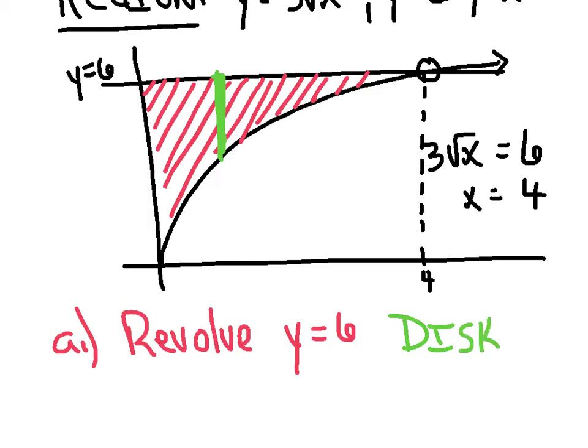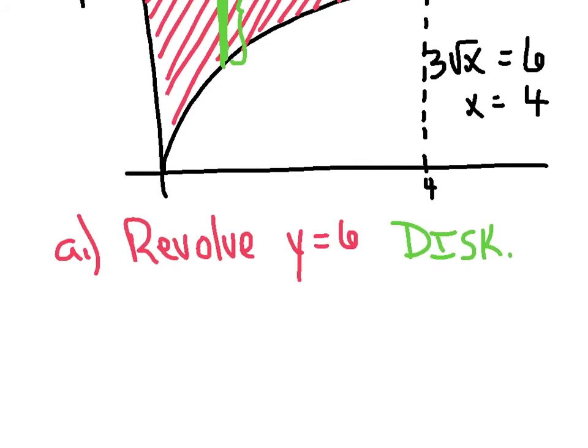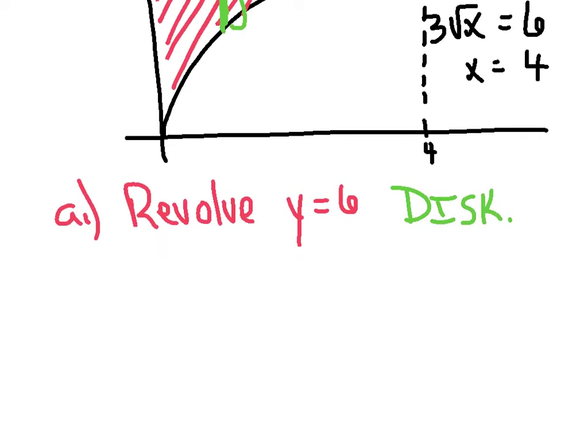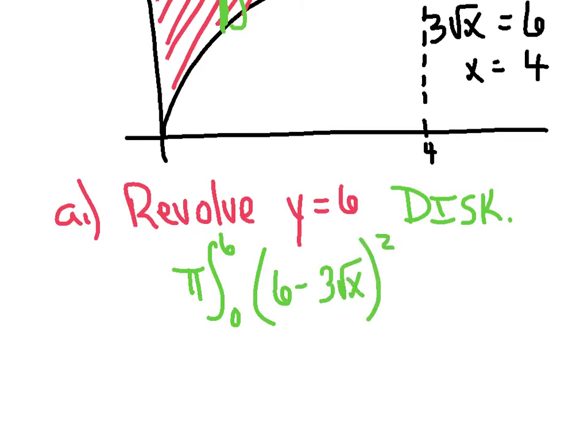This says you only need one radius, and that's going to be the length of the slice itself. To get the length of that slice, it's strictly upper minus lower. So I'm going to say pi times the integral from 0 to 6 of my one radius, upper minus lower quantity squared, dx.